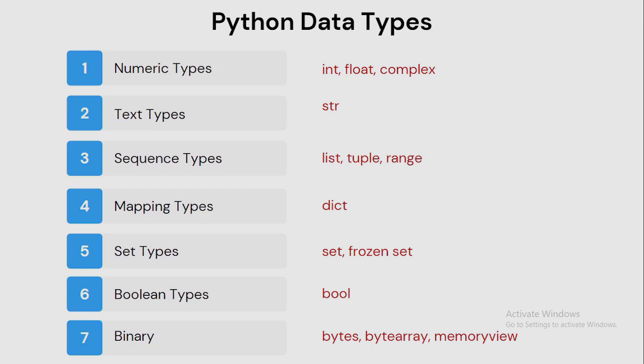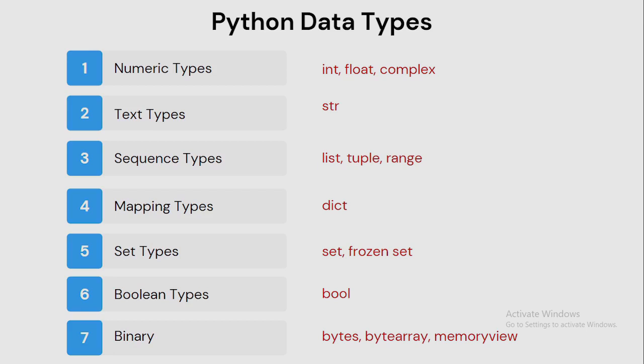If I have data of 3 or 4, Python is going to tell me that it belongs to the class int. The same way, when I ask for a decimal number like 3.14, which may represent pi, Python will tell me that this belongs to the float type. So the numeric type is used for working with numbers.